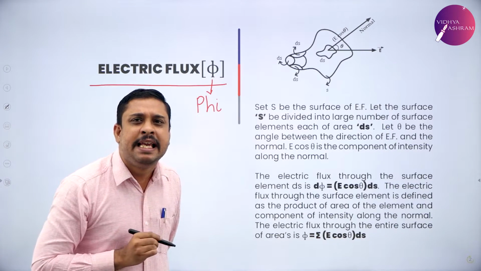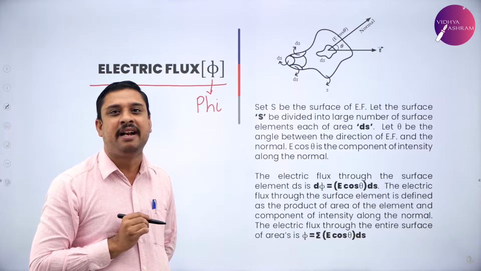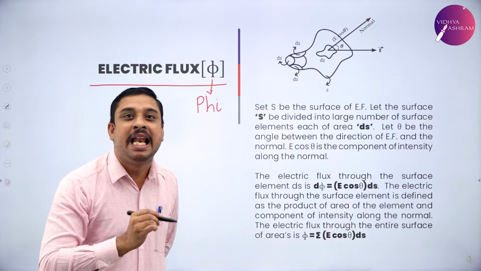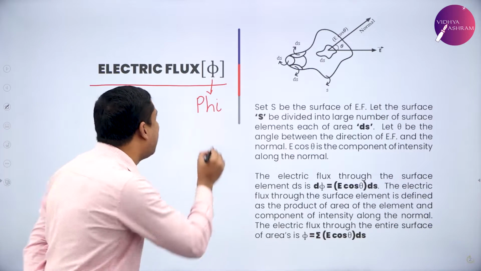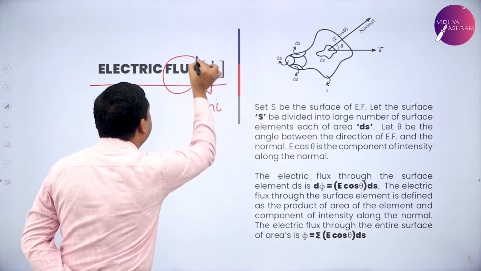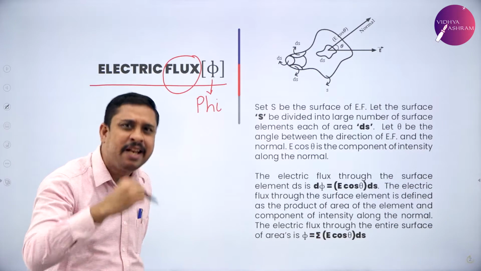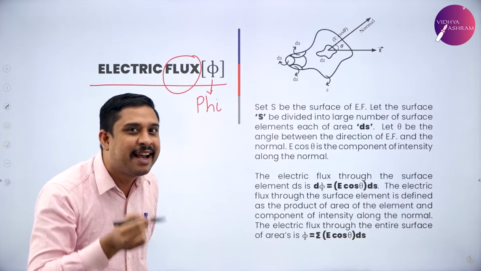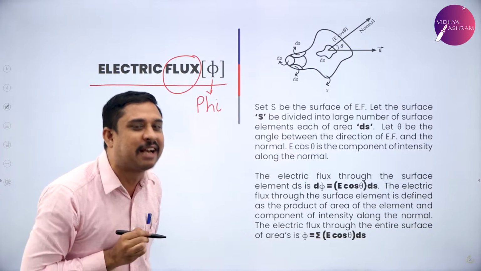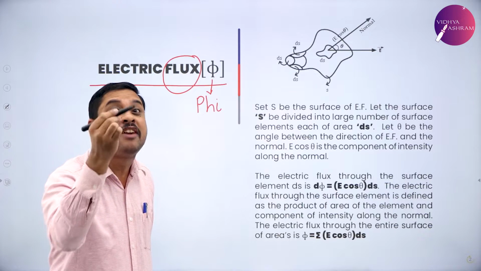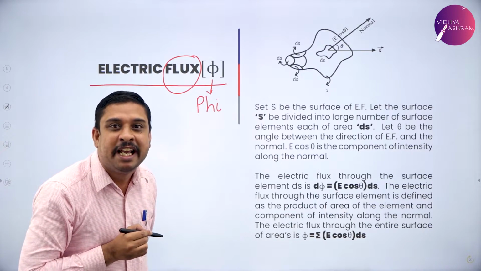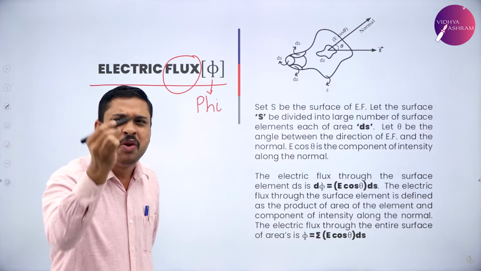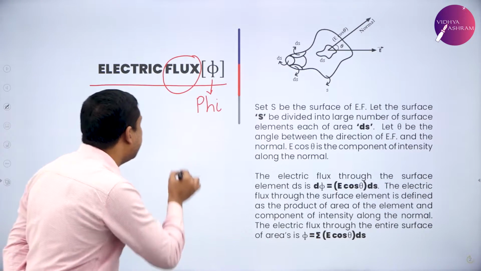Now let us initially understand the textual, linguistic meaning of this word flux. Then we understand electric flux. First, let us understand what flux means. Water flux, you have studied in your first PU. Dear students, no exaggerations.